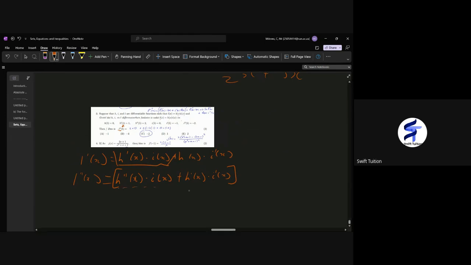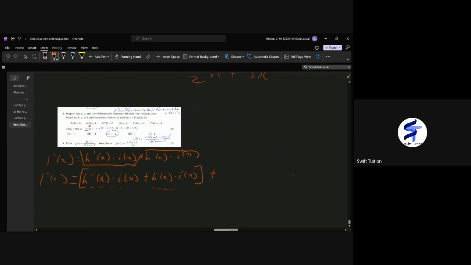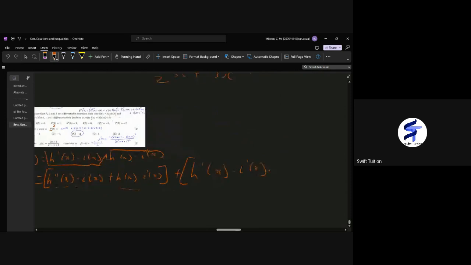But then we have to apply the product rule again for this second portion over here. So for the second half, it's going to be plus the derivative of the first function, h of x, multiplied by the second function unchanged, and then plus the first function we don't touch, multiplied by the derivative of the second function.